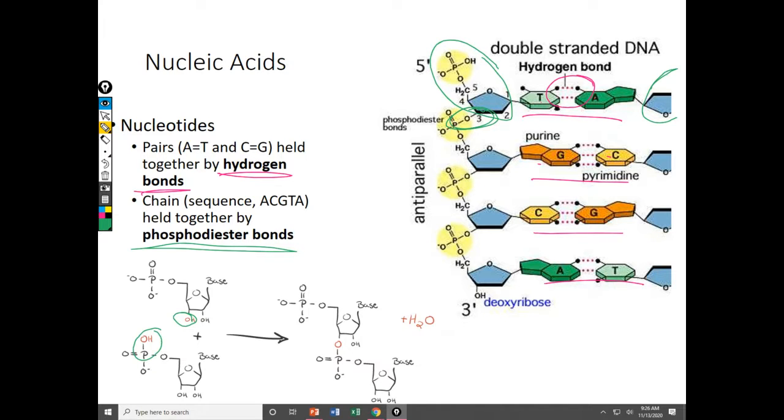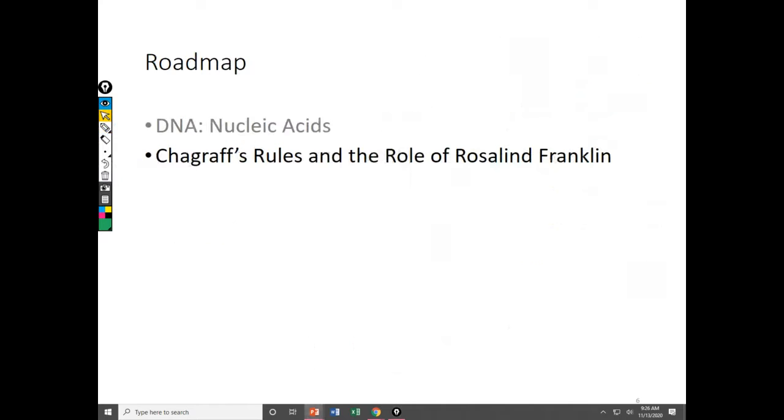So doing this, this is how we've created our ladder, rungs and side poles. Two different sets of bonds to hold together. Now, we're at a very stable biological molecule. Okay, with me so far? Any questions so far about what DNA looks like?